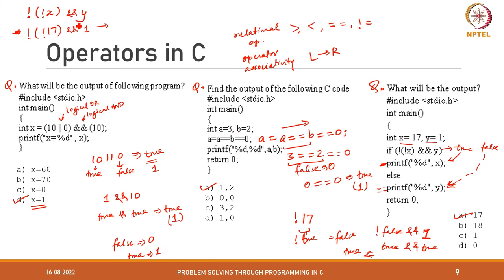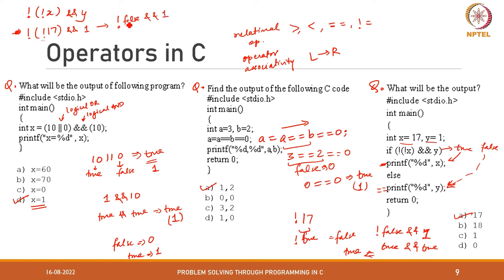Non-zero value means it is true. Now not of true means it is false. So this entire part within the parenthesis got evaluated into false. It just converts true to false and false to true. So now the expression is not of false and 1.